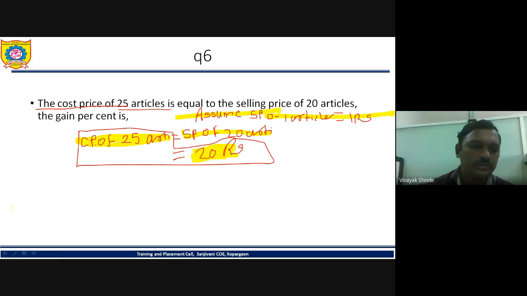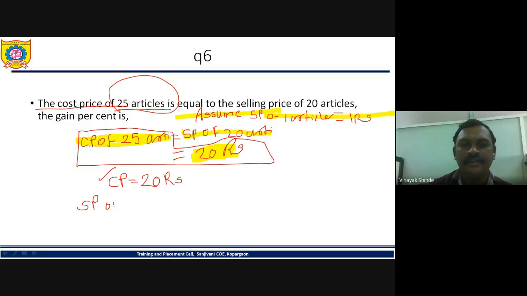Now this is the business of total 25 articles. The person has purchased 25 articles for 20 rupees. So the total business cost price is 20 rupees. Now tell me how much will be the selling price of 25 articles. Don't get confused, it's very simple.